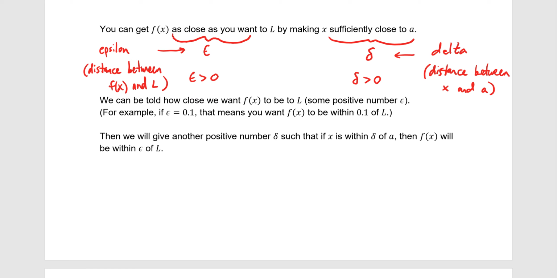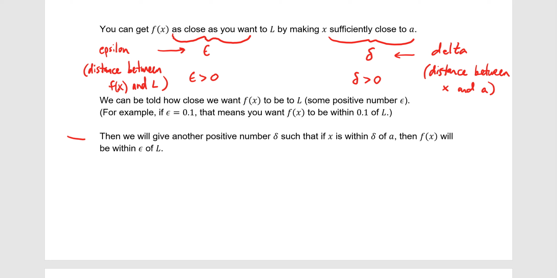Typically, we can be told how close we want the function values, the y value, to be to that limit L, which is some positive number epsilon. For example, we can be told that epsilon has to be 0.1. If epsilon is 0.1, what that means is the y values for the function have to be within 0.1 of the limit.